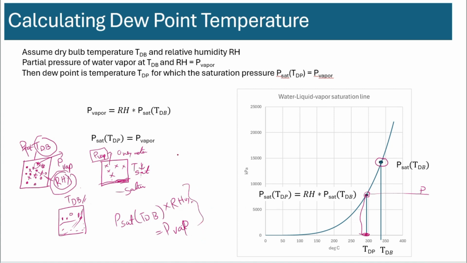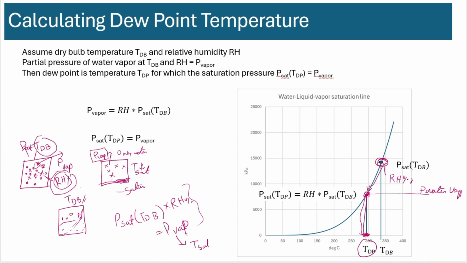Now you want to know the corresponding saturation temperature at this P vapor. So you find this value first, multiply with RH%, and you'll get a smaller value. That value is the actual pressure of water vapor in the chamber. Find the corresponding temperature on this plot at saturation. That is the dew point.